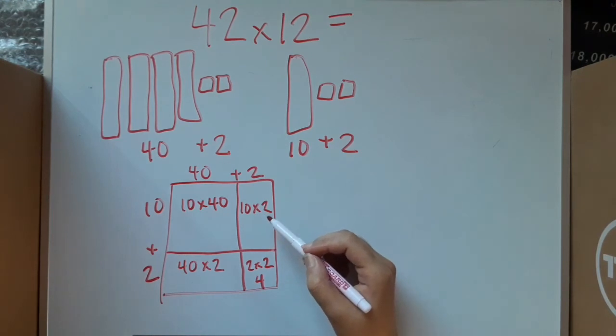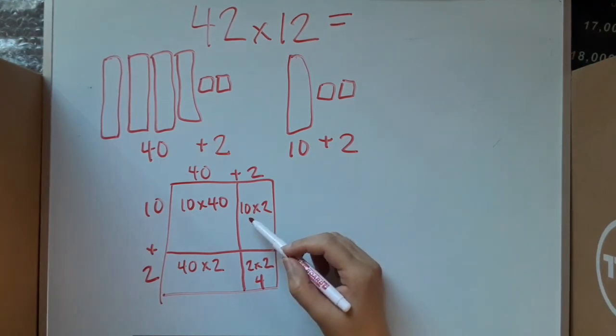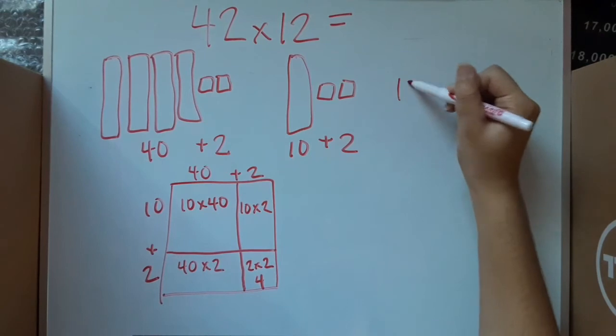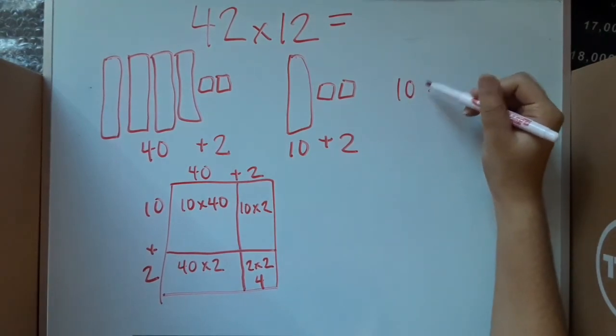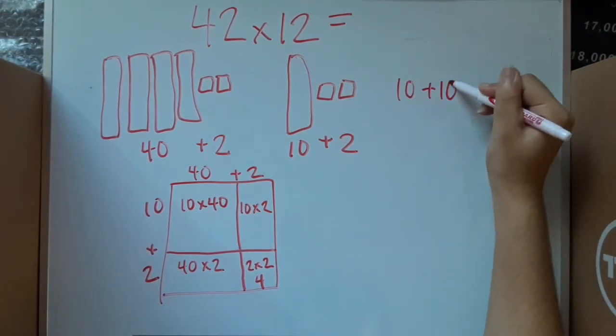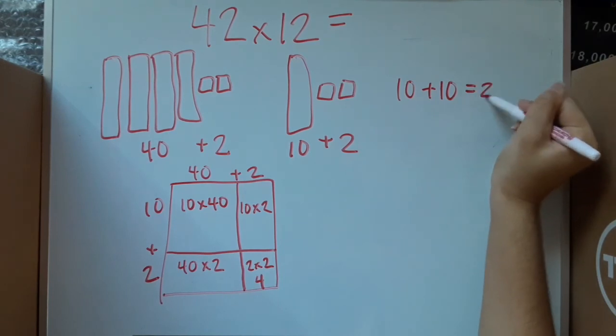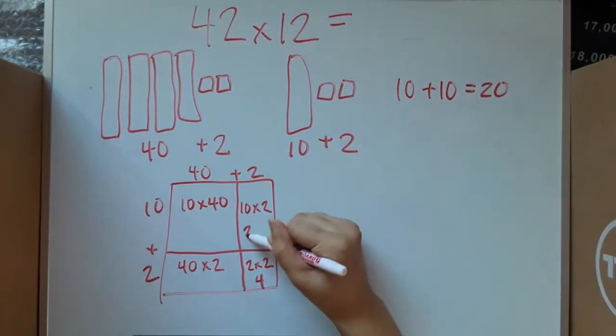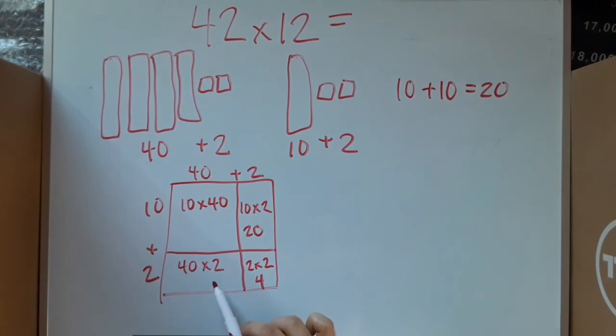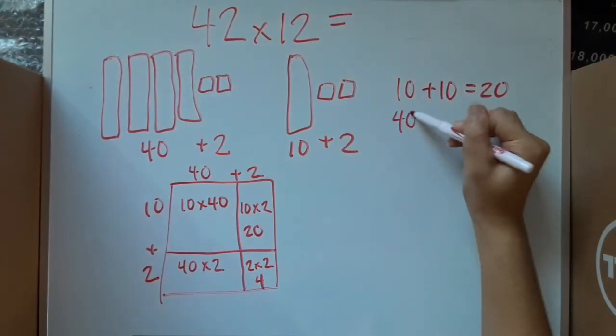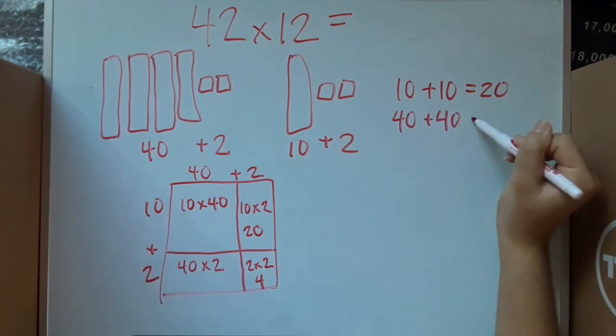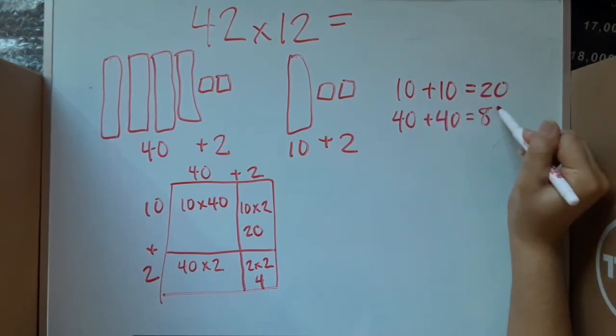We know that if we have 2 sets of 10, that's just 10 2 times, or 10 plus 10, which equals 20. This box is the same, with 2 sets of 40. So 40 plus 40 equals 80.